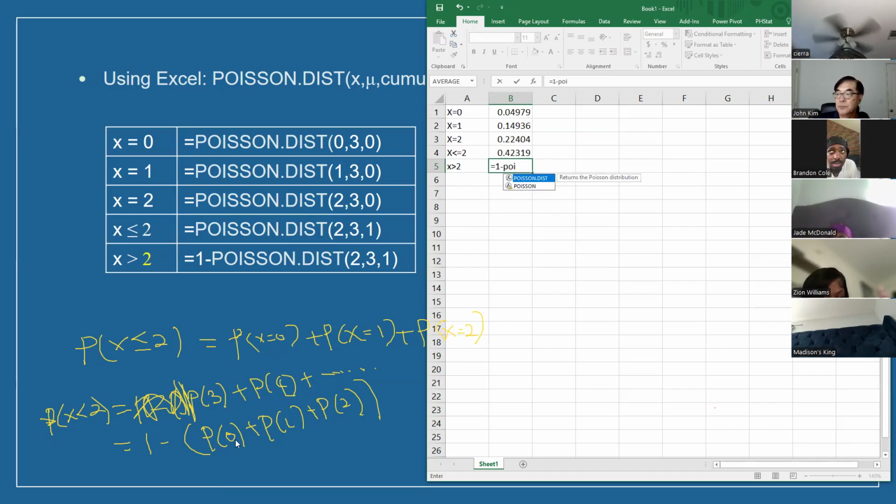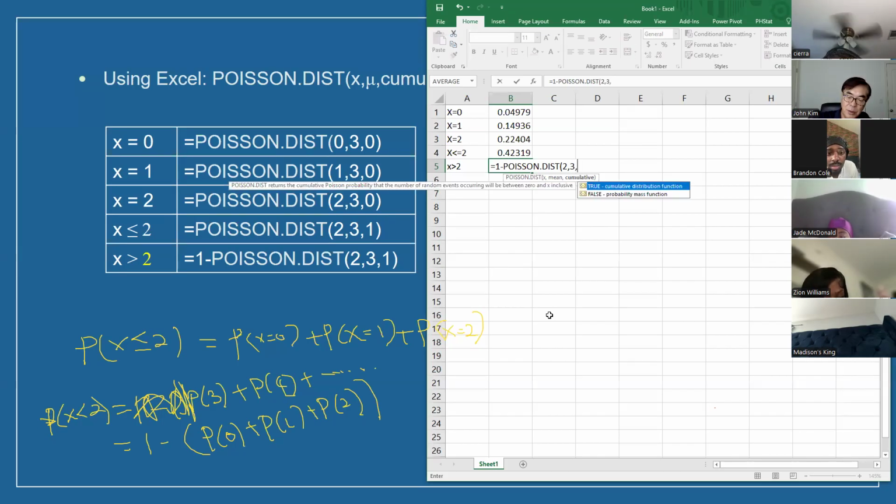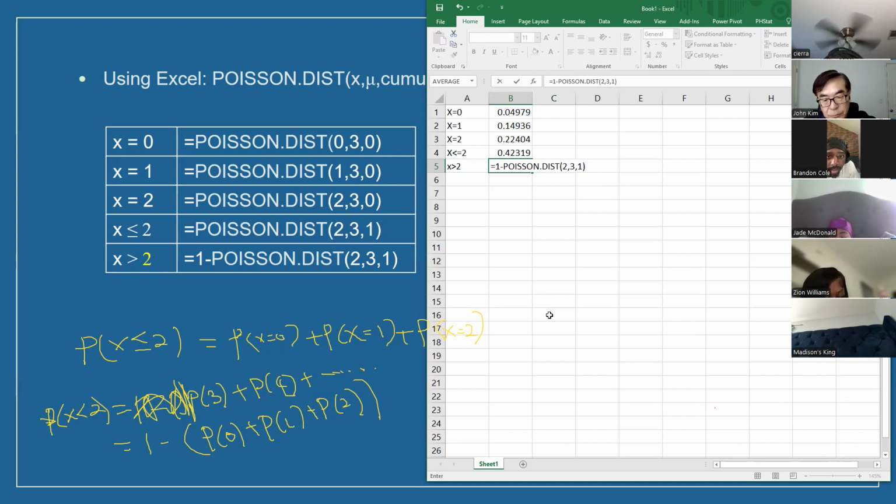Poisson distribution. Up to 2, 3, and 1. Then 0.57681.